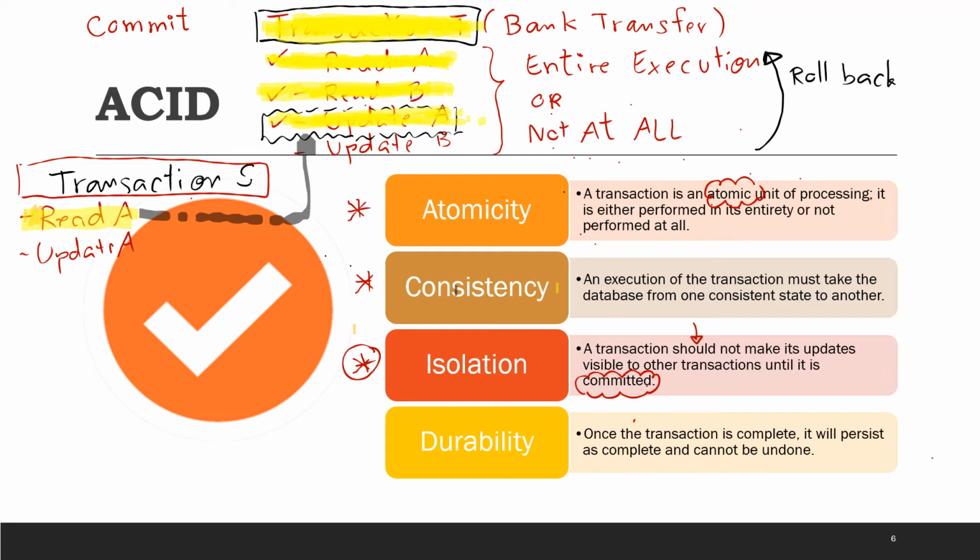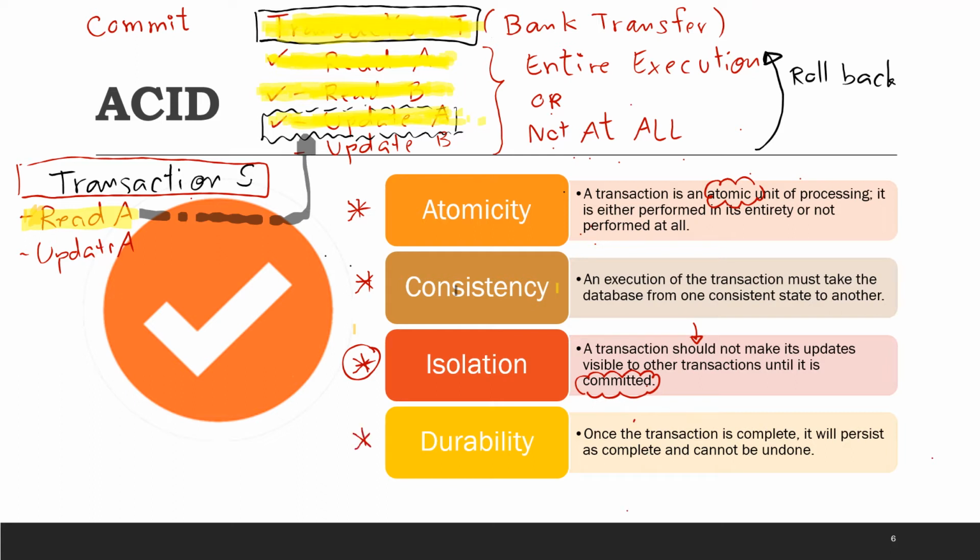But later on, transaction S cannot commit before transaction T if transaction S executes after transaction T, something like that. Okay, we need to wait until we know whether transaction T will commit or will roll back. Okay, so that is isolation. We need to make sure of this.